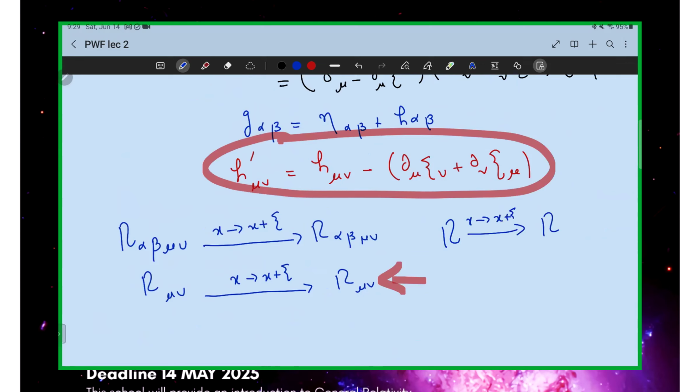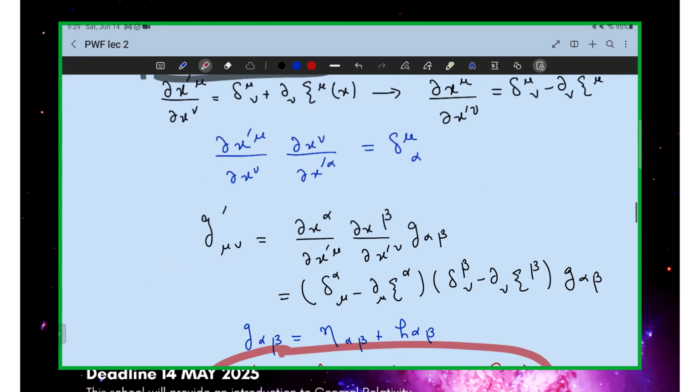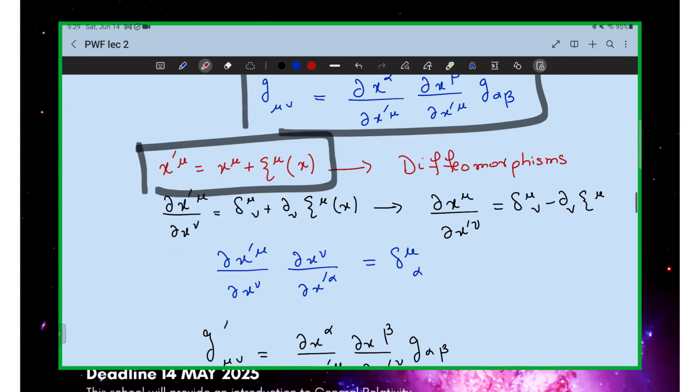So these two things which appear in the equations of motion are invariant. Therefore, you have a gauge invariance in gravity as well. And what are the gauge transformations for gravity? Well, they are just general coordinate transformations. That's why.